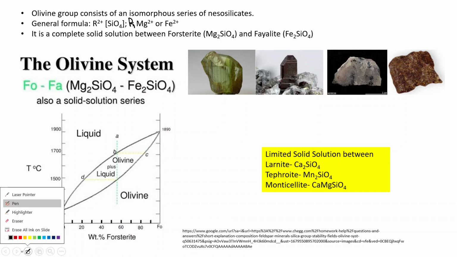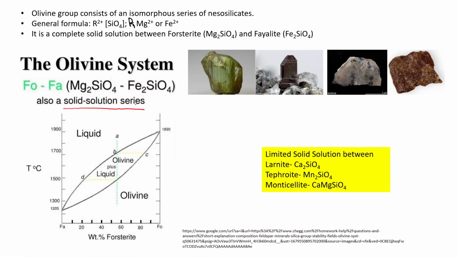If you look at this plot over here, this is called a solid solution series. You all must be aware of the solid solution series in your mineralogy as well as your igneous petrology classes. So not much to deal with here, but here we can see a very important thing. That is, we have the liquid phase, that is the melt. Then we have the olivine solid solution over here, while in the central part we have olivine plus liquid.